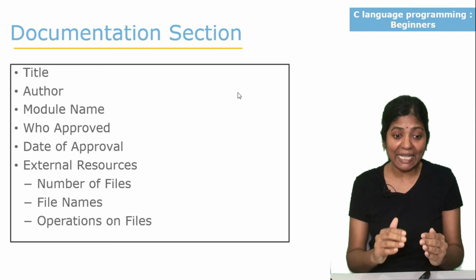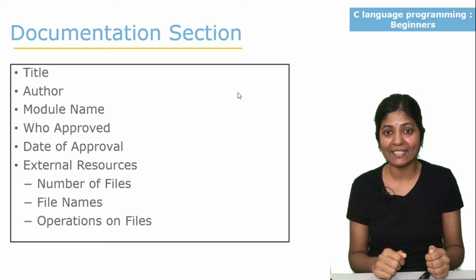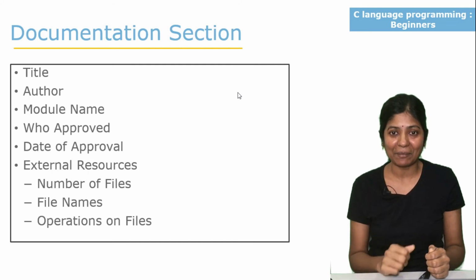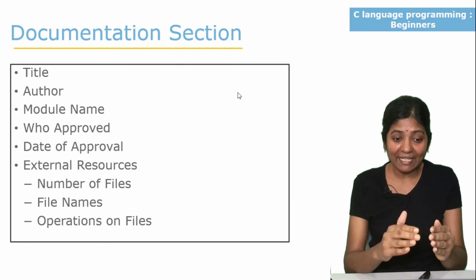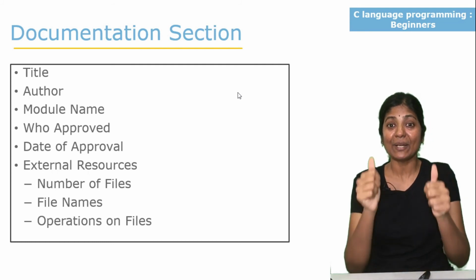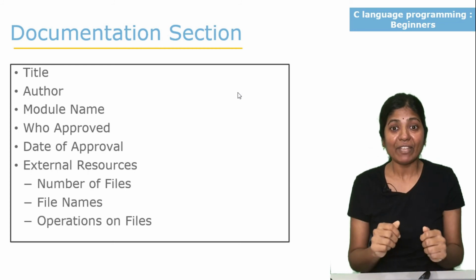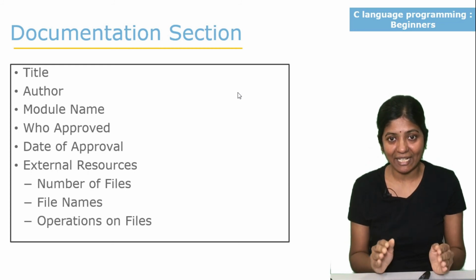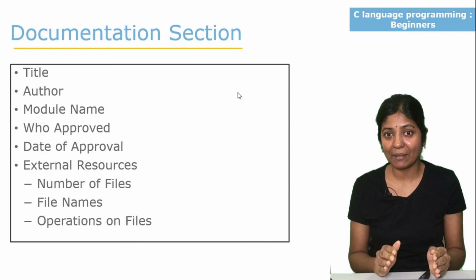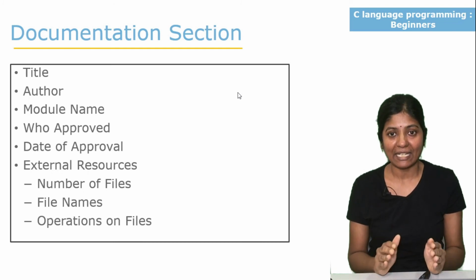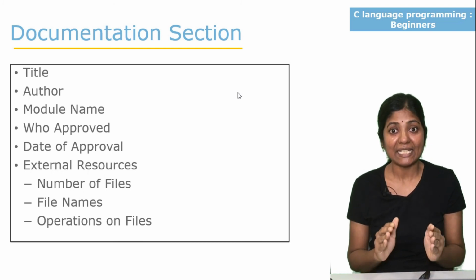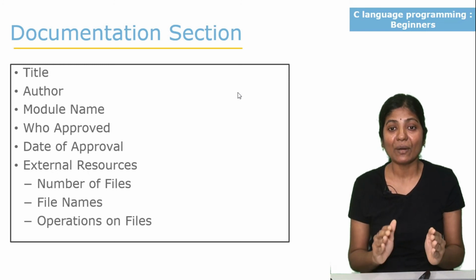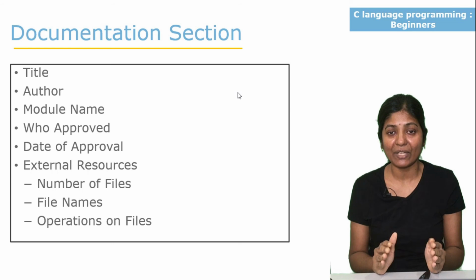If you write only title and author, you are a good programmer. If you make a habit of writing all this, then you are the best programmer. If we don't write the comments at all and write the program, I will not at all recommend that one. It is not a good way of writing the program. So, always make a habit of writing comments in your program.